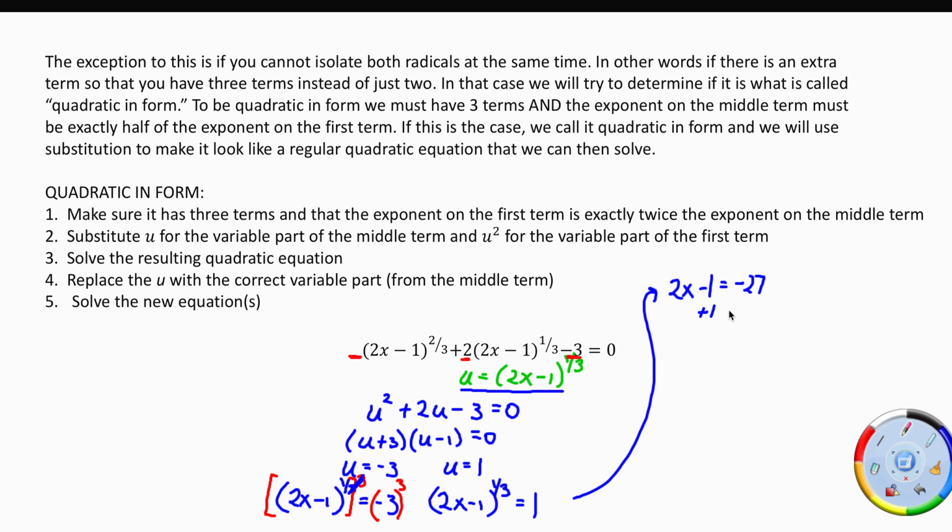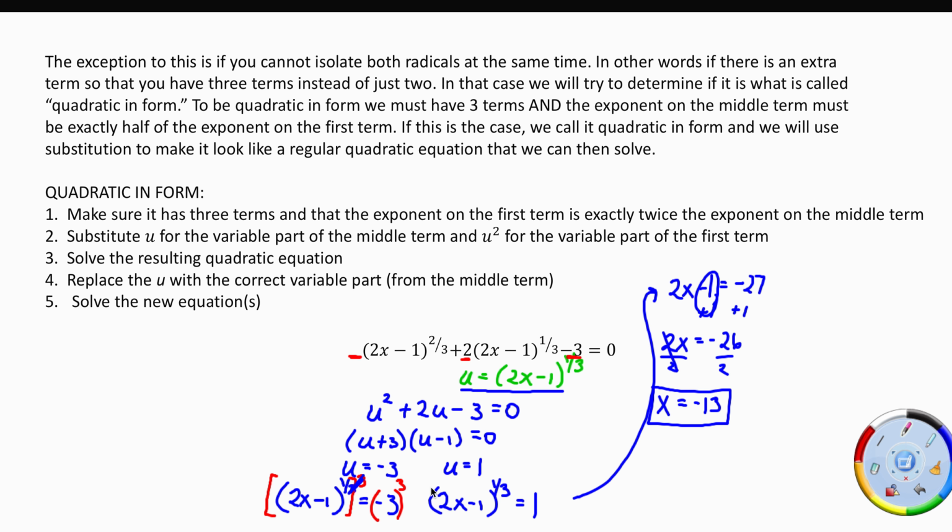Now I can solve this equation. 2x equals -26, so x equals -13. It's an odd root, so I don't have to check it.